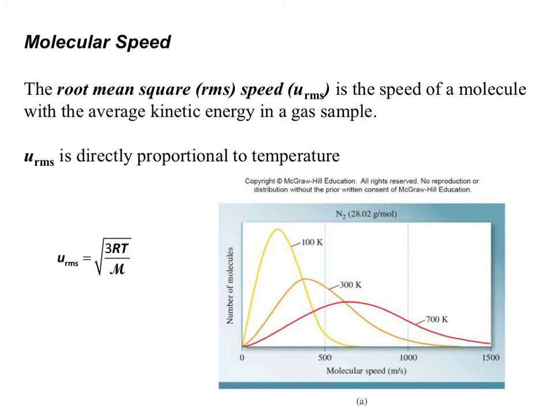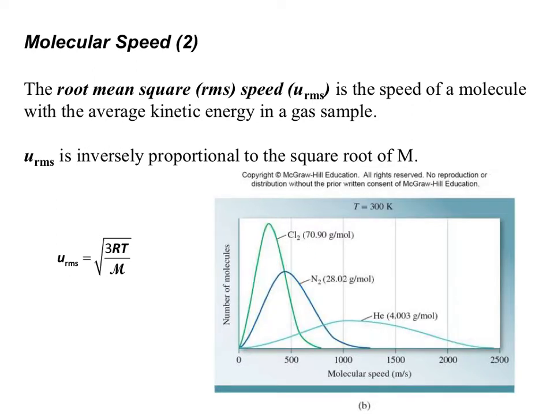The root mean square speed, or URMS, is the speed of a molecule with the average kinetic energy in a gas sample. The root mean square speed is directly proportional to the square root of temperature. As you can see in this graph, the number of molecules with higher molecular speeds increases as the temperature increases.